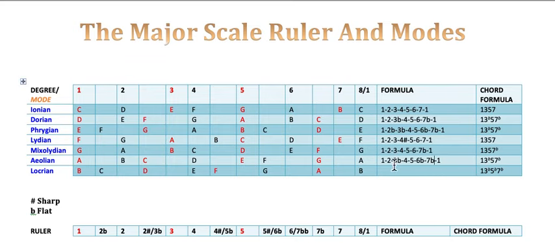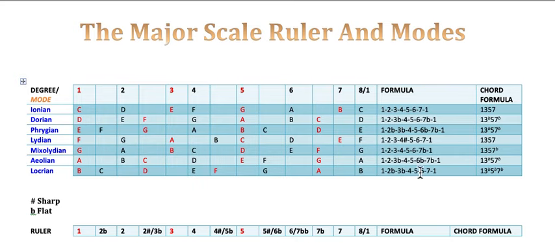Let's go to the next mode. The 7th mode is called the Locrian mode. You're starting your C major scale on the note of B. Therefore you got B, C. Now you can see there that the 2 has been flatted. D has been flatted. It doesn't fall there, so the 3 has been flatted. Now E is on the 4th, that's fine.